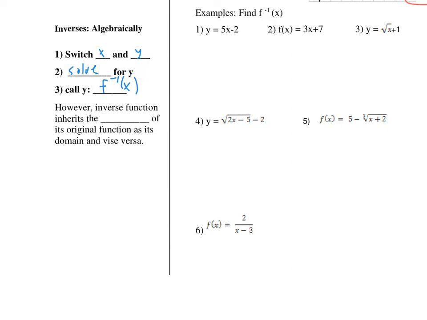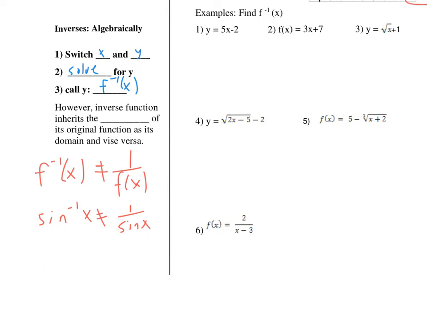I really don't want you to get confused on that one. It is kind of confusing, so I'm going to say it down here. We can make a little note: f inverse of x does not equal 1 over f of x. I know usually the -1 exponent means drop it down to the bottom, but for inverse functions, it does not. We learned this earlier with, for example, sine inverse of x, which did not equal 1 over sine x.